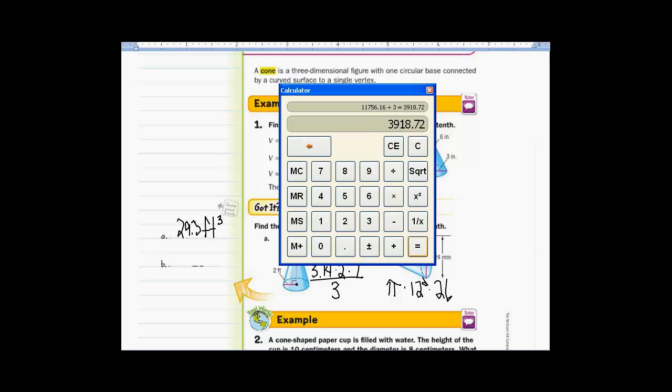If you're using the pi button, you probably got 3,920.7. So I'm going to go ahead and write that over here. 3,920.7 millimeters cubed. Okay? Again, I will take that answer or this one.